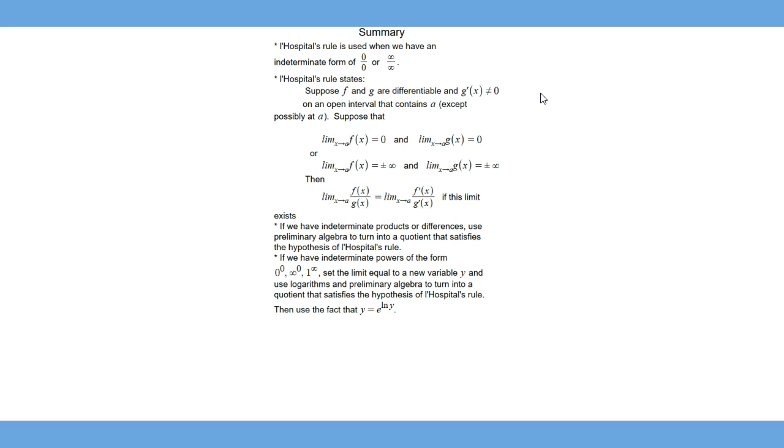And a lot of times you need to do some preliminary algebra if it's of one of these other forms to use L'Hopital's rule. And then these 3 special cases are a little bit trickier because you need to use the logarithm, and that final step when you reintroduce y to get the limit, you need to take some care with that.